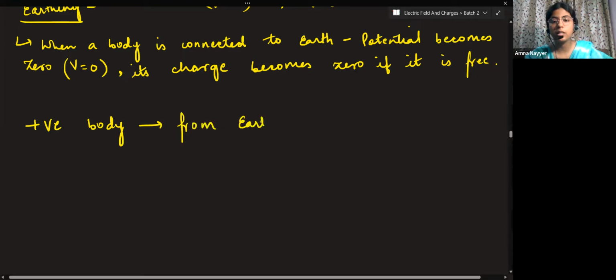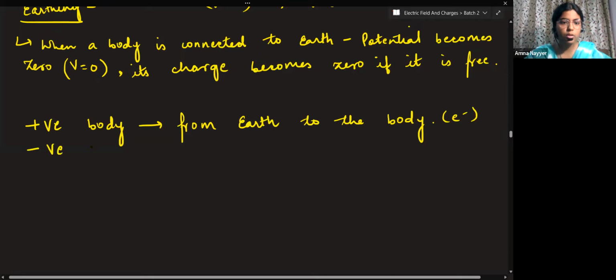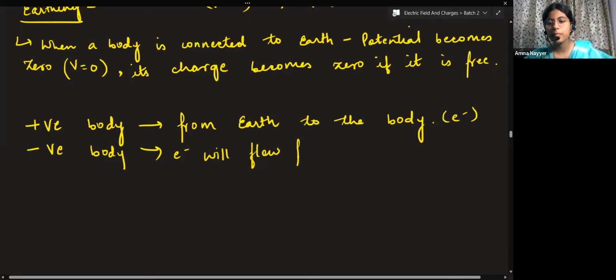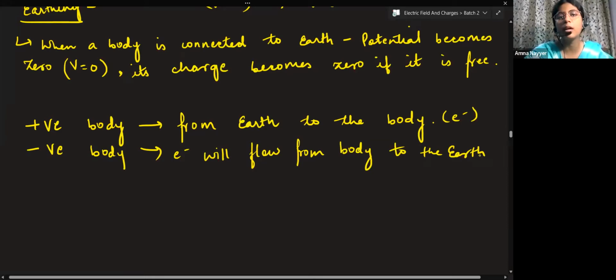So for a positively charged body, electrons get transferred from earth through the body. Just contrary to it, if you have a negatively charged body and you connect it to the earth, then the electrons will flow from the body to the earth. This is what is meant by the phenomenon of earthing.